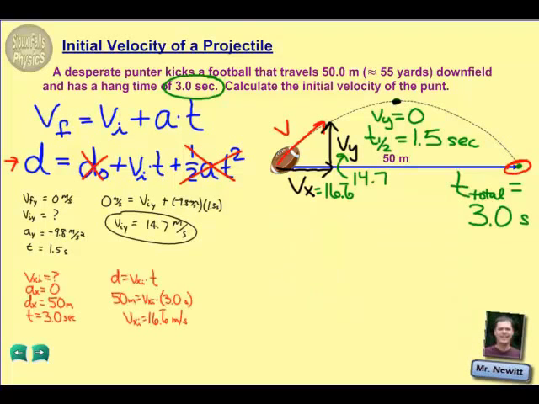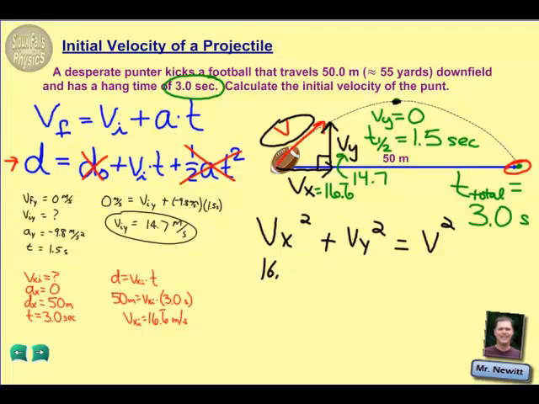All right, now that we know the initial y direction velocity and the initial x direction velocity, we're ready to actually come up with our answer. Remember, our answer says calculate the initial velocity of the punt. So what we need is the resultant amount, which is going to be this velocity. So we have to use a little Pythagorean theorem here. We have a right triangle set up, and we know the two legs of the triangle. So essentially, v sub x squared plus v sub y squared will equal our resultant velocity squared.